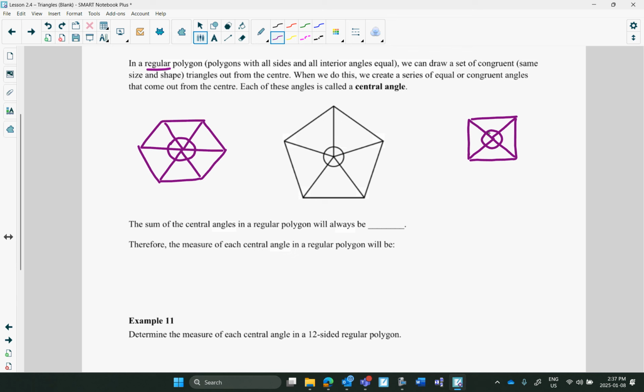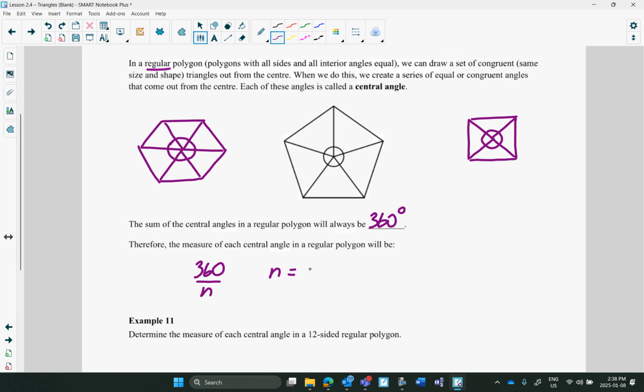So how do you find the measure of each one? Take 360, divide by how many triangles there are. So the sum of the central angles is always going to be 360. Therefore, to find the measure of each central angle, it's going to be 360 divided by however many sides there are.